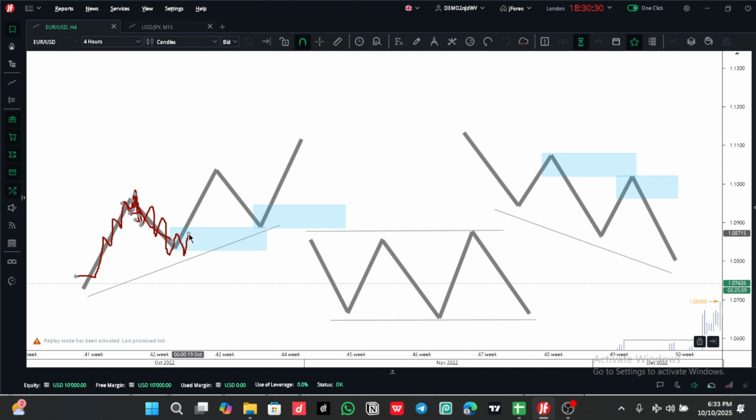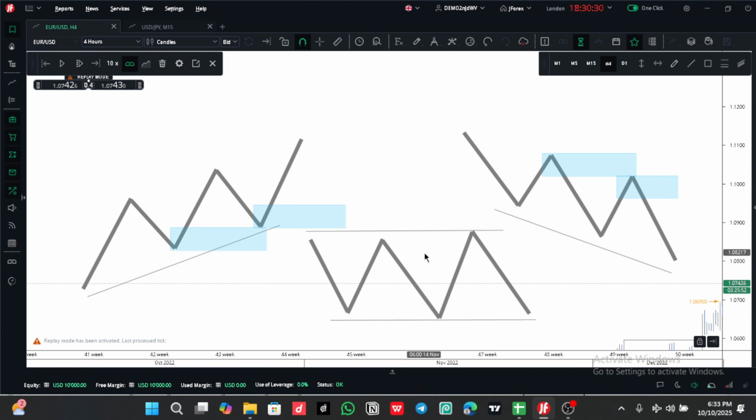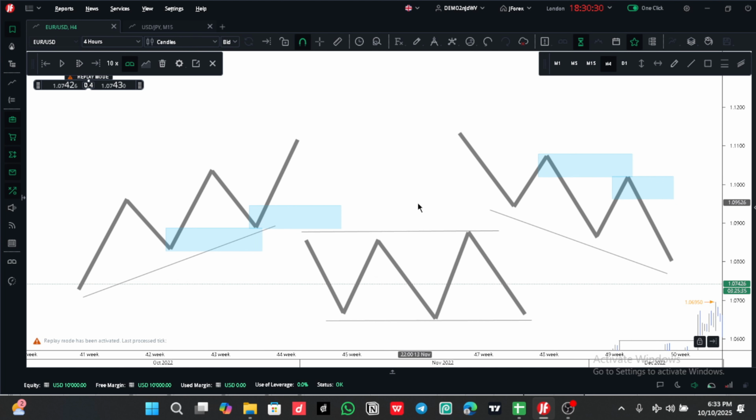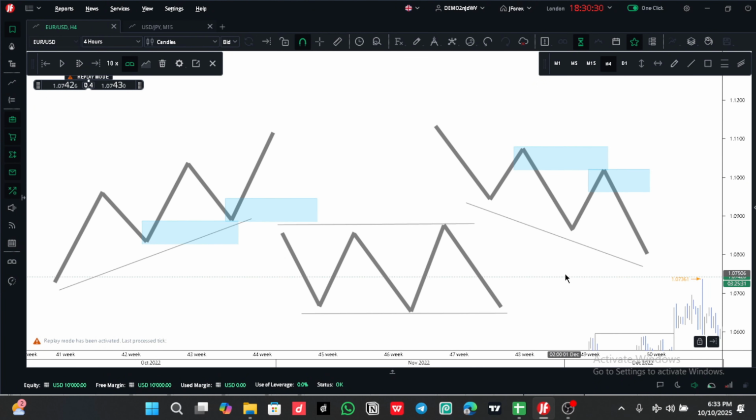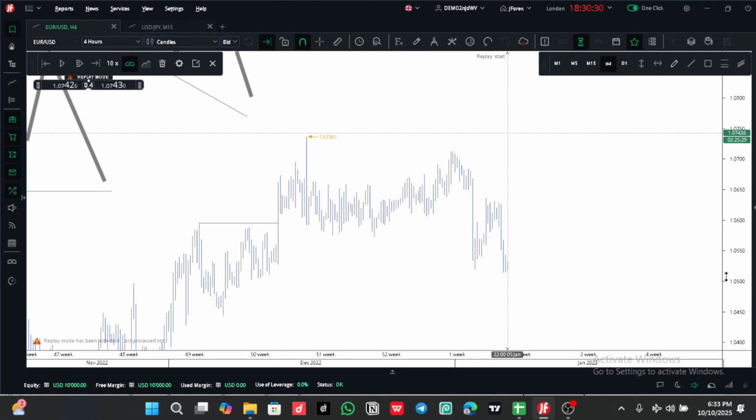You also see another change of character to show that the market wants to start going up. That's how it will be on the lower time frame. But I'm not going down to the lower time frame to observe price, because whatever you can do on the higher time frame, you can also do on the lower time frame. So I'm going to be mainly focusing on the 4 hour charts in drawing the market structure, so you can get to know it. Let's get straight into the video.